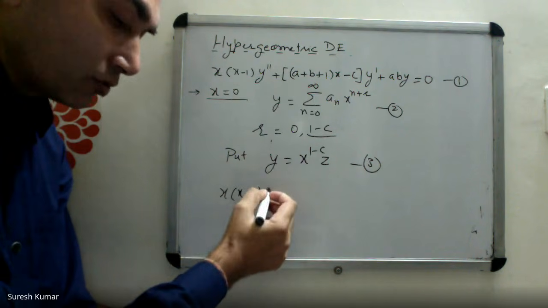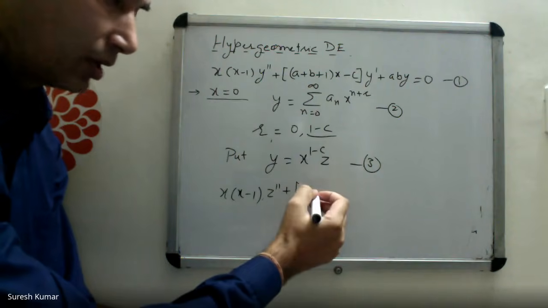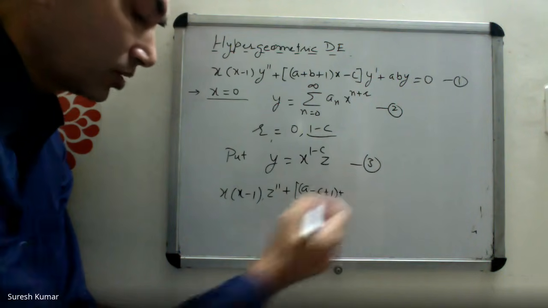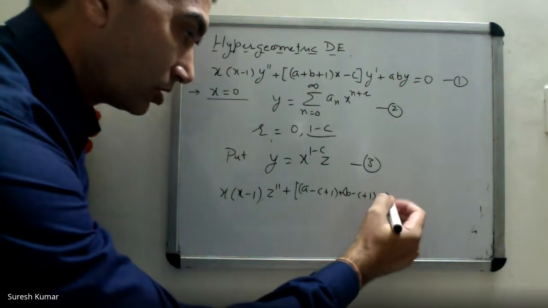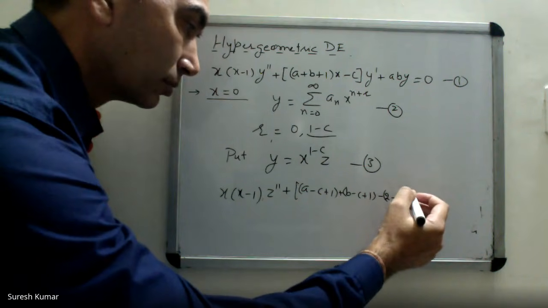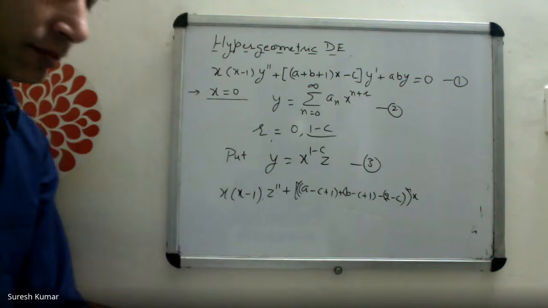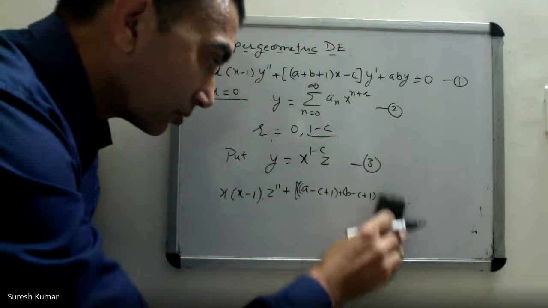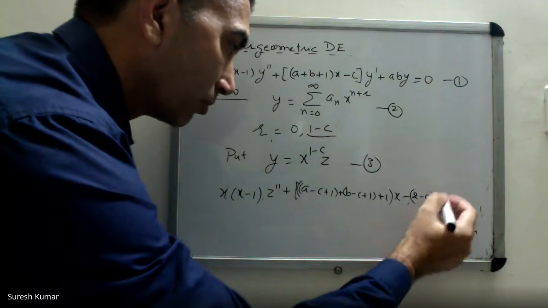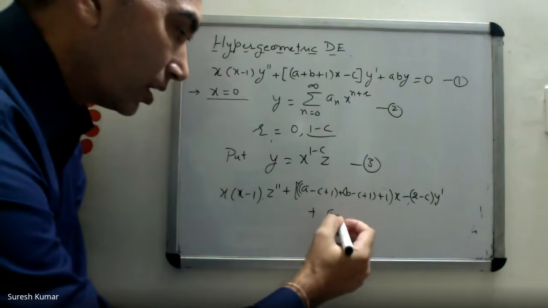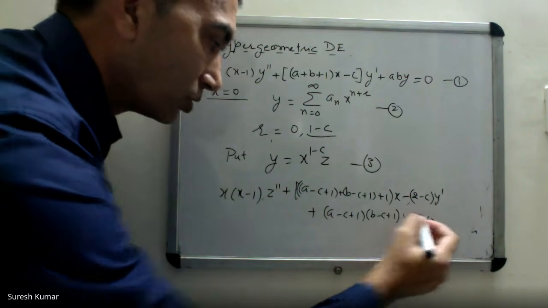You should get x into x minus 1, z double prime, plus [a minus c plus 1 plus b minus c plus 1 minus 2 minus c] into x, plus 1 into x, minus 2 minus c, y prime, plus a minus c plus 1 into b minus c plus 1, y equal to 0.